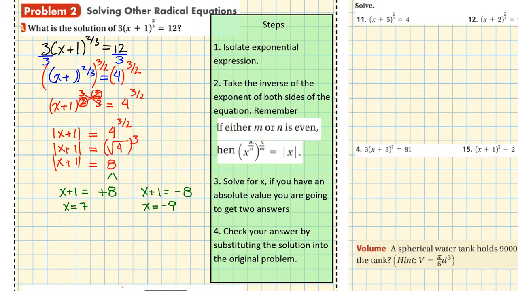So we're going to grab the original problem, which is 3 times (x plus 1) to the power 2/3 is equal to 12, and we're going to begin plugging in each number.